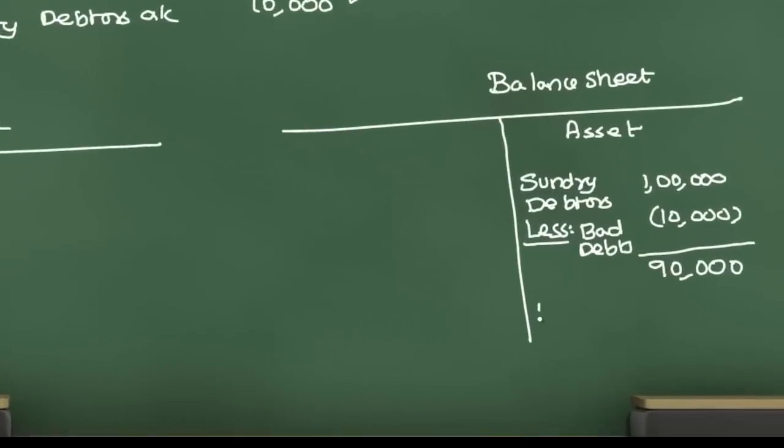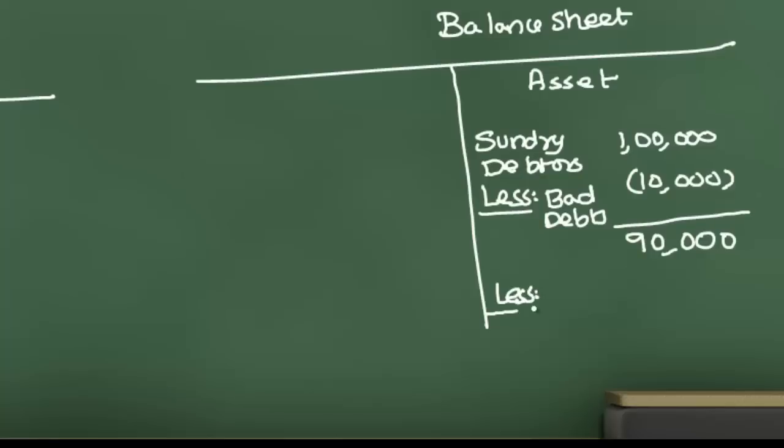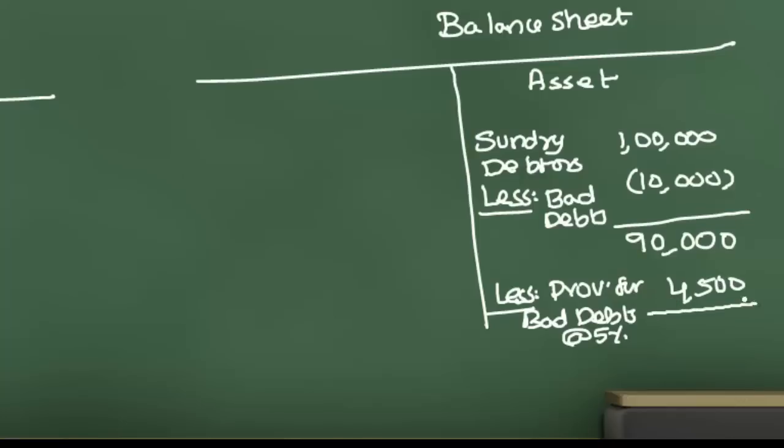So less provision for bad and doubtful debts. So I'll write bad debts at 5%. So this 5% is going to be 4,500. So 90,000 minus 4,500 is going to be 85,500.